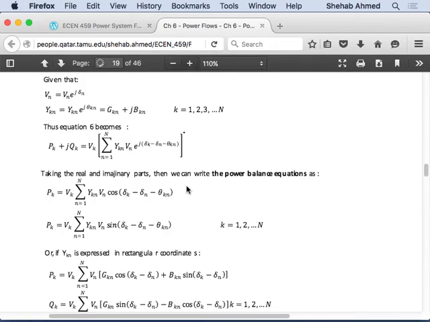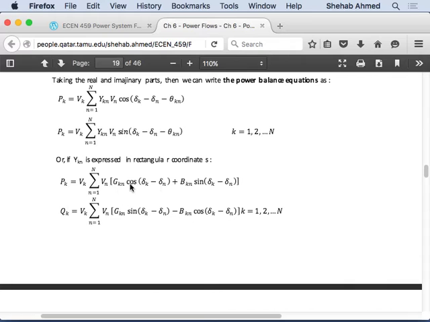I said that what we will do is estimate, give a guess for V and delta, and then compare the right-hand side to what we know on the left-hand side, right? So if I don't know my left-hand side, there's nothing to compare to, right? So at a load bus, I know my left-hand side in both equations, right? Because I know PK and QK.